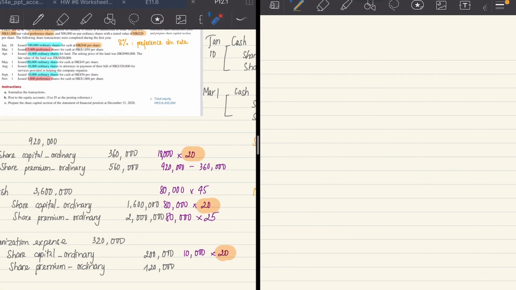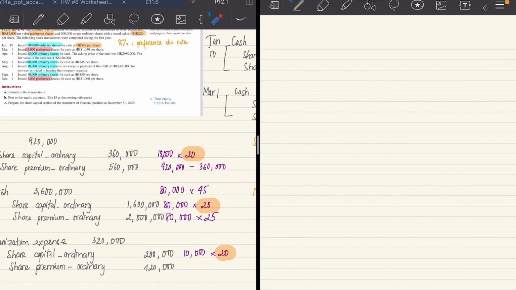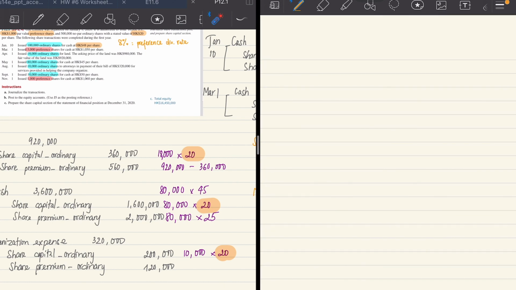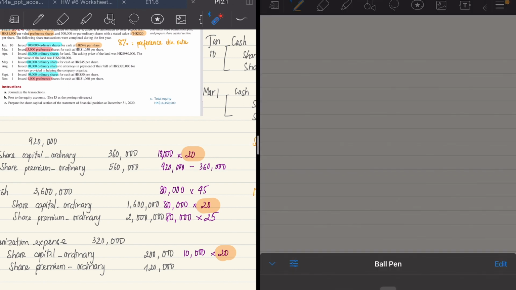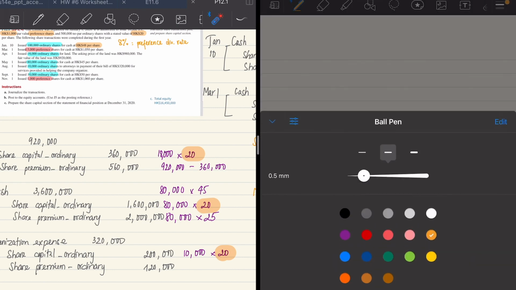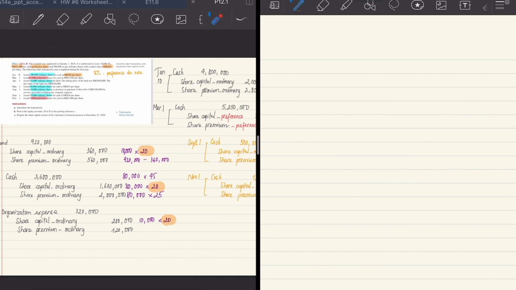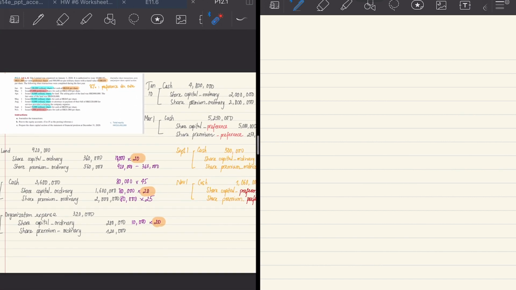As you know, after we journalize the transaction, we must post to the ledger. It means we do the T account to post. So first we need to determine how many accounts we have here for the equity section only.